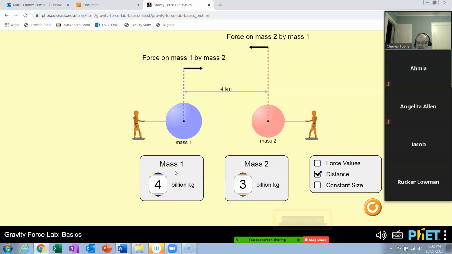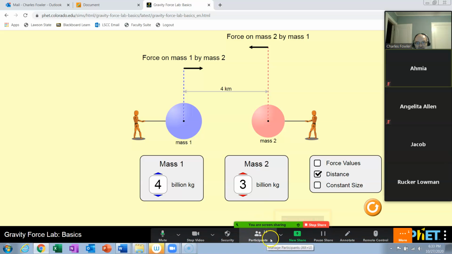6.67 EE11 negate, or negative 11, whichever yours does, times, this time it's 4 EE9 times 3 EE9 divided by, open parentheses, 4, oh, I'm on the wrong page.